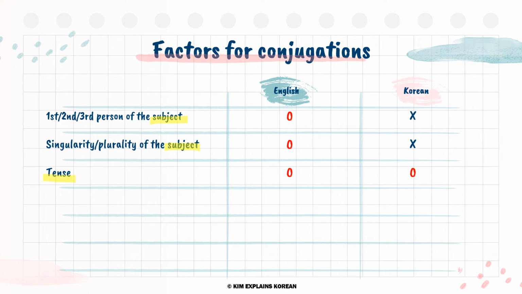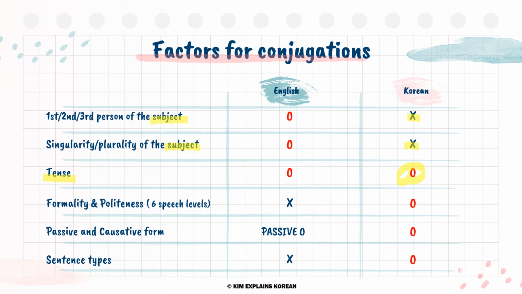But Korean verbs and adjectives are conjugated according to not the subject, but tense, politeness and formality, passive and causative form, and sentence types. For formality and politeness, we have 6 different speech levels, and we have 5 sentence types. That's why we have so many verb endings.